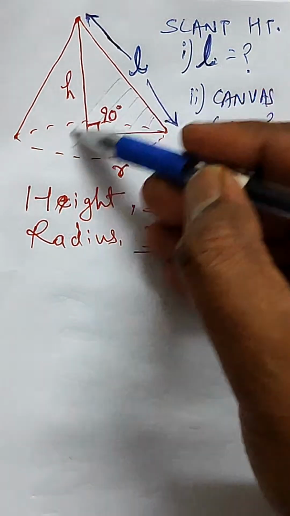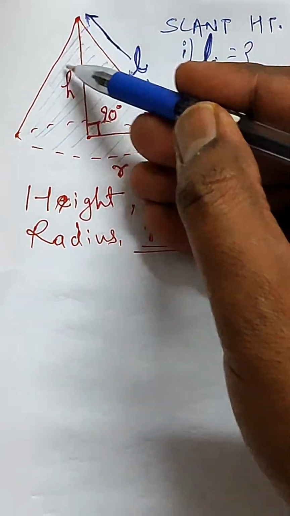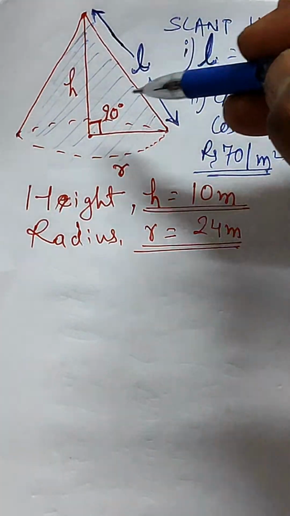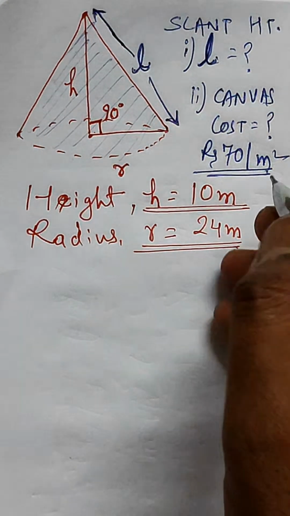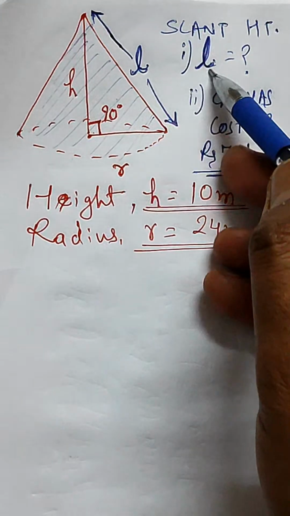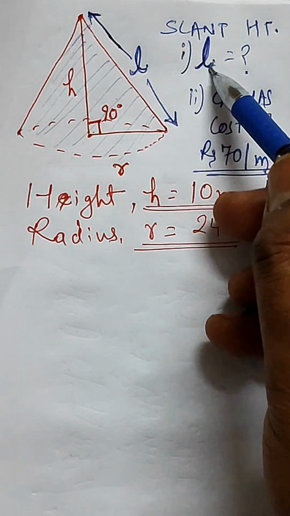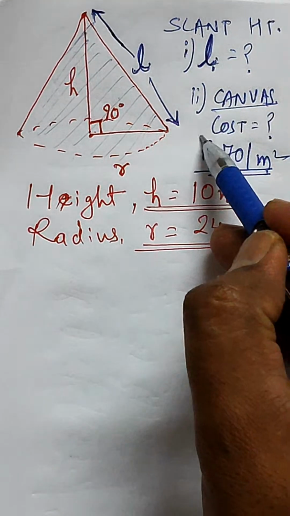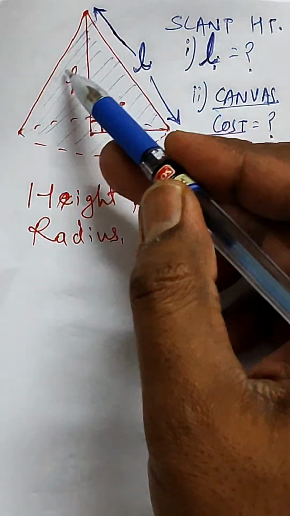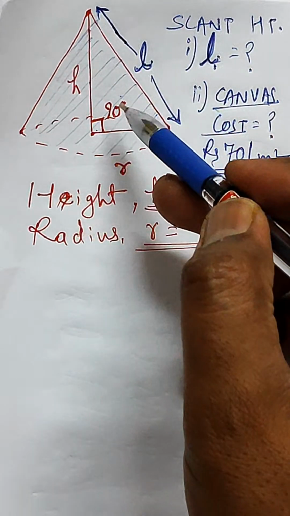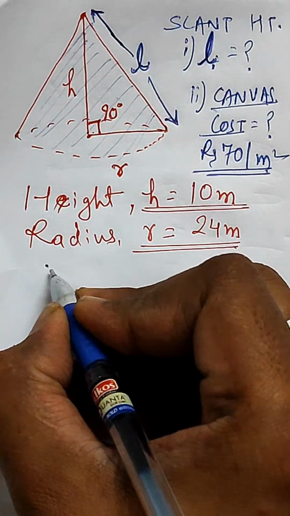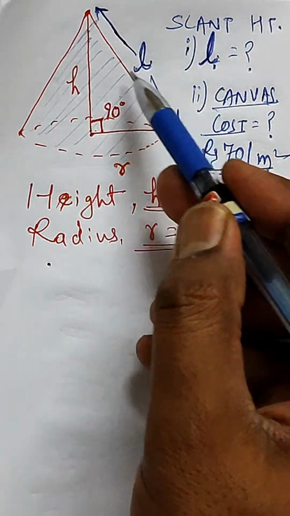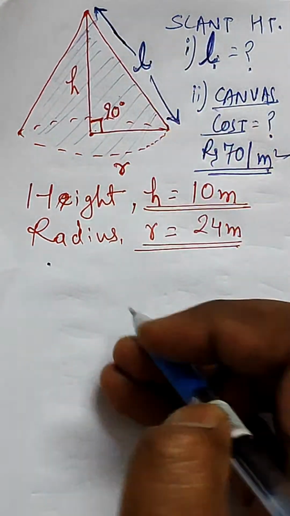Canvas is the cloth which is required to make this tent from all around.